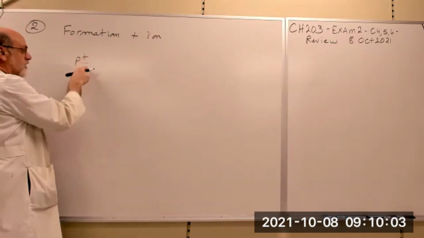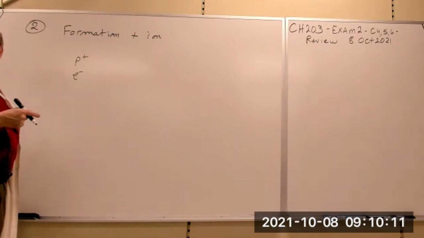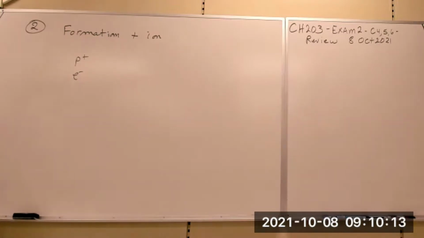If you have one more proton than electron, you have a positive charge. How does that happen? You lose an electron. That's when they share and stuff, right? No, not yet. We're sticking to one atom at a time.